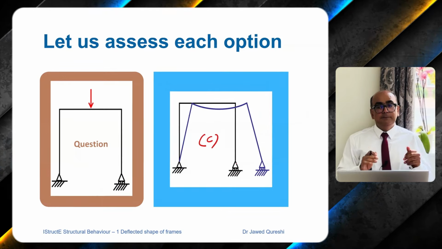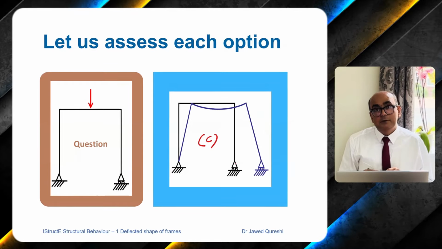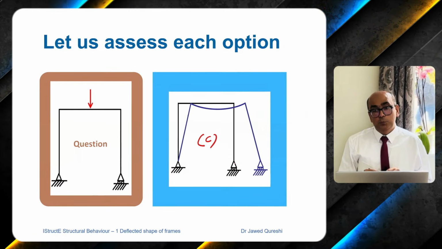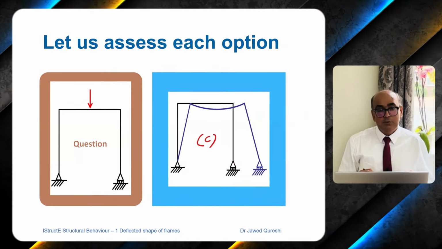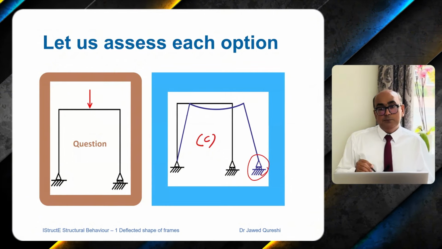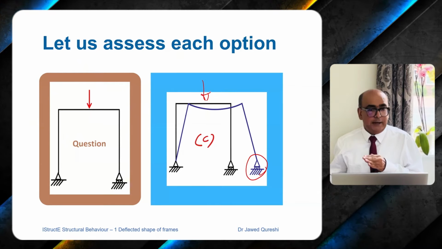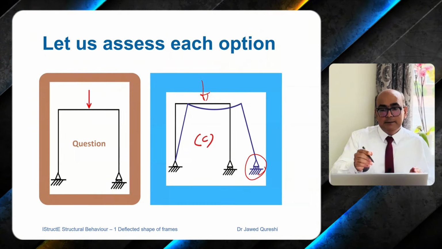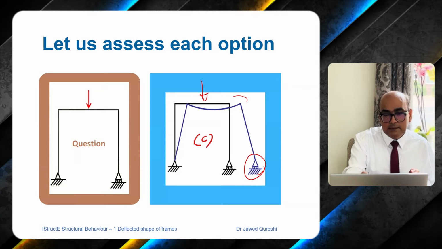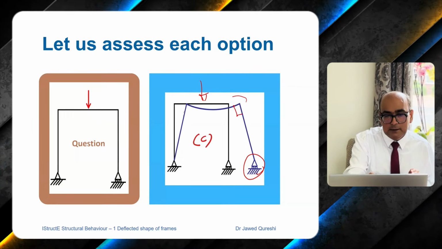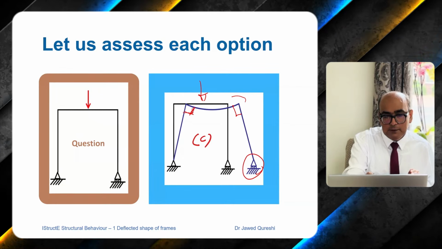Option C didn't have many votes, I think probably 10-12%. When load is applied, the roller support is moving rightwards, and then there is a 90 degree angle over here, and a 90 degree angle over here as well.